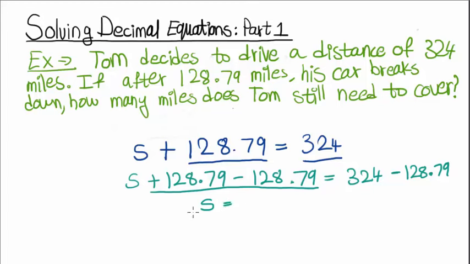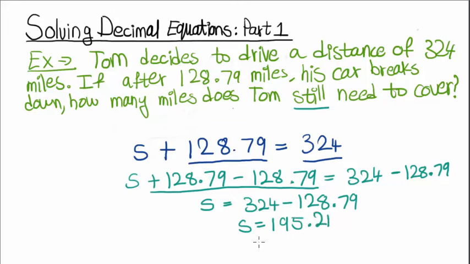And therefore, variable s, or the number of miles that Tom still needs to cover, is equal to 324 minus 128.79. I leave it up to you to verify this, but s will be equal to 195.21 miles. So Tom still needs to cover 195.21 miles. Let's do one more example.